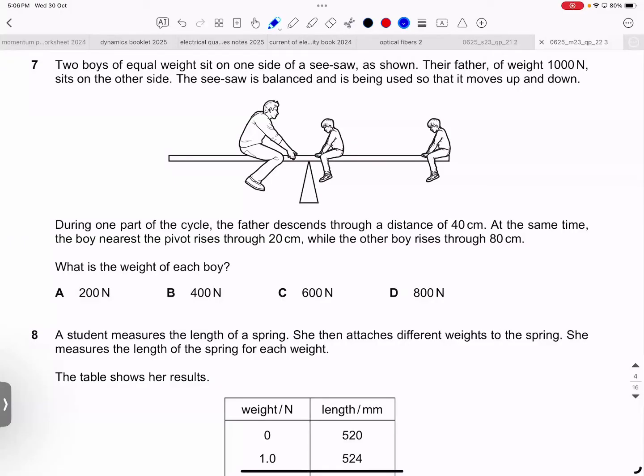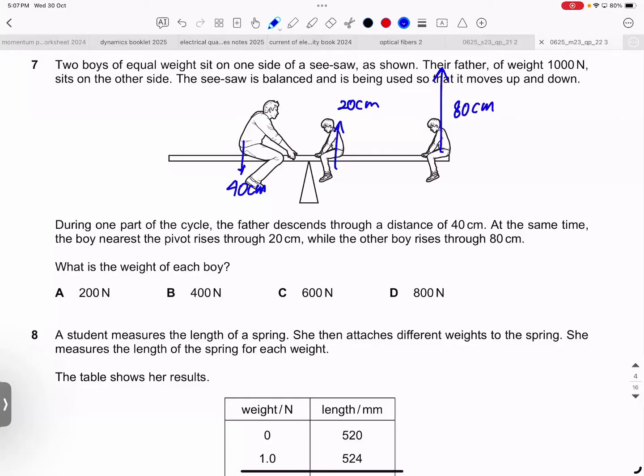During one part of the cycle, the father descends through a distance of 40 centimeter. At the same time, the boy nearest to the pivot rises through a distance of 20. So if dad goes 40 centimeter down, this boy goes 20 centimeter up, while the other rises 80 centimeter.